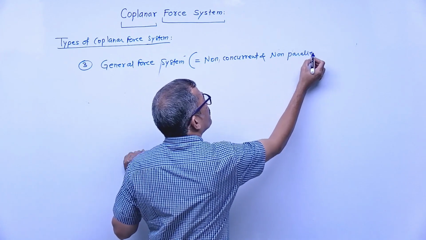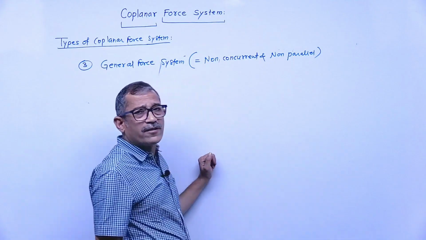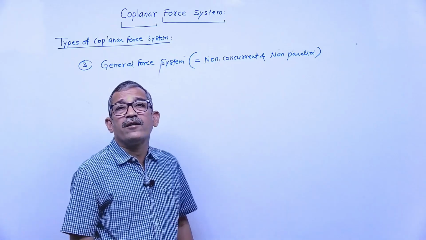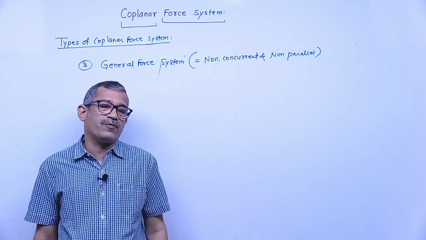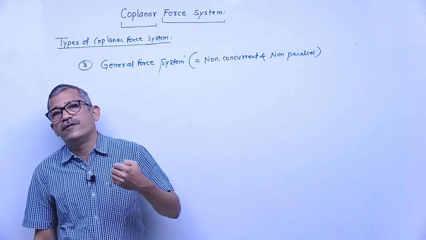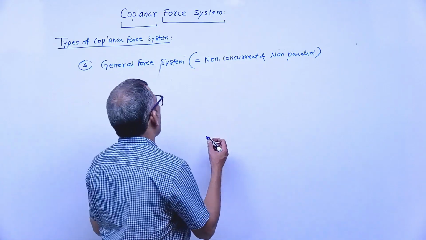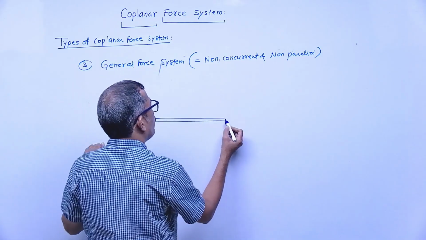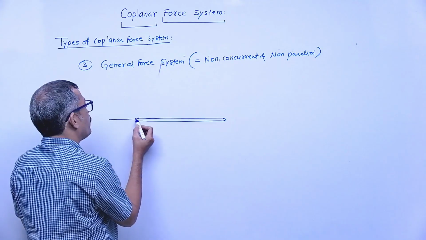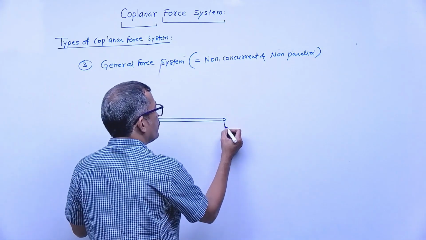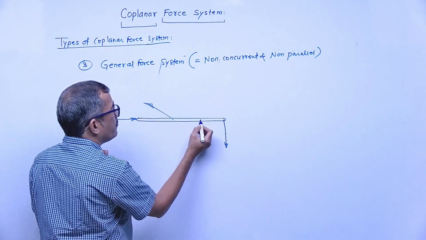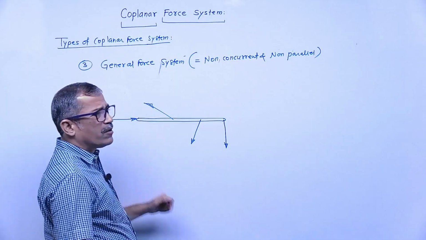If the given force system is non-concurrent, it means lines of action don't pass through one point. Non-parallel means lines of actions are not parallel to each other. Such a force system is called a general force system. For example, suppose this is a rod. Forces are acting like this. One force rightward, another force downward, one force something like this, one force something like this. This is not a concurrent force system.